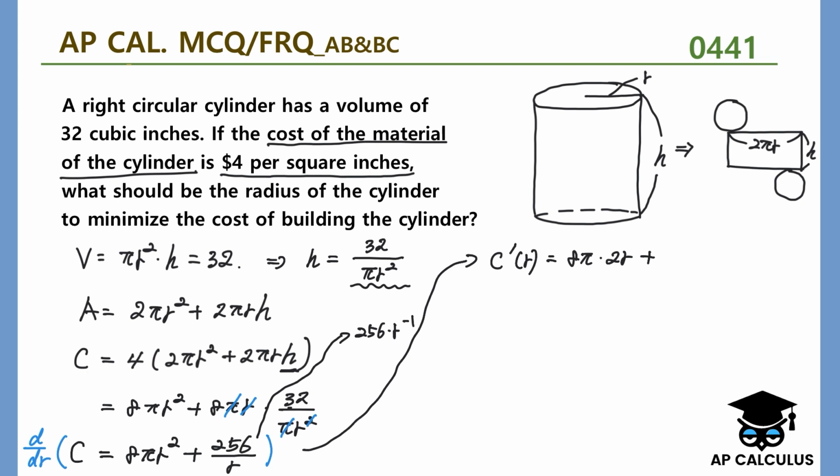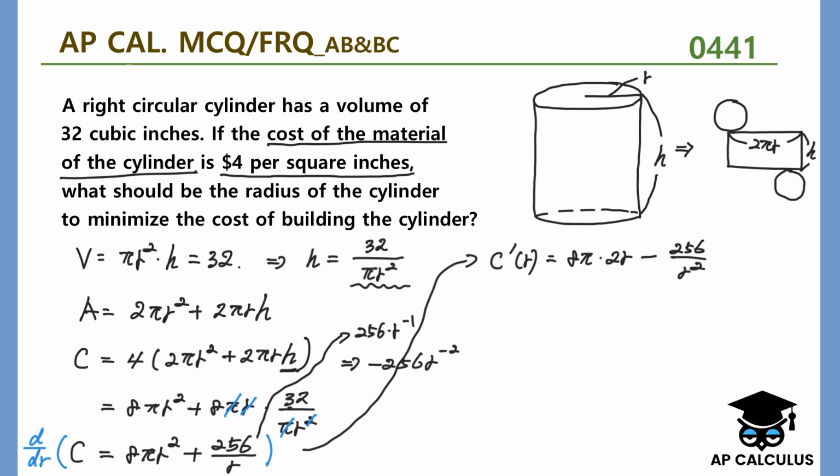The derivative of this is negative 256 r to the power of negative 2, which is equal to minus 256 over r squared.